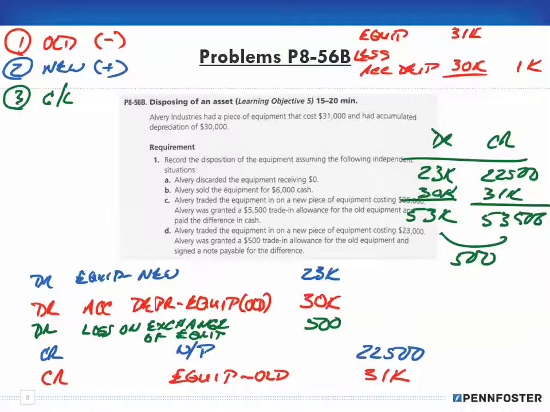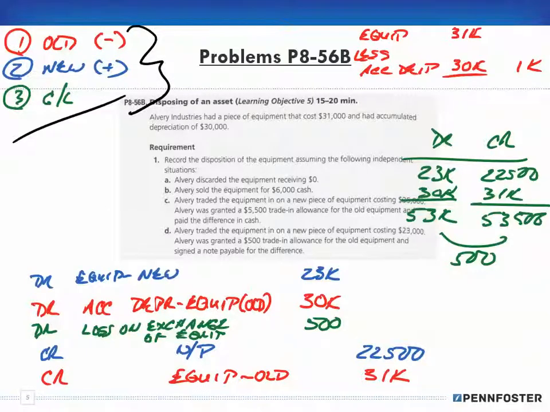So building upon the new concept is the disposing of the assets, okay? But it's not a look-it-up-in-a-book kind of thing, okay? I could have just as easily created an E, an F, a G, an H, and just kept on going with different scenarios. But they all follow the same thought process that I use to make those particular journal entries.